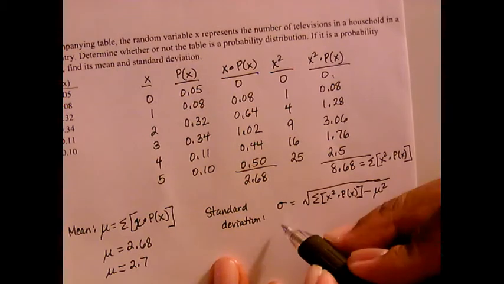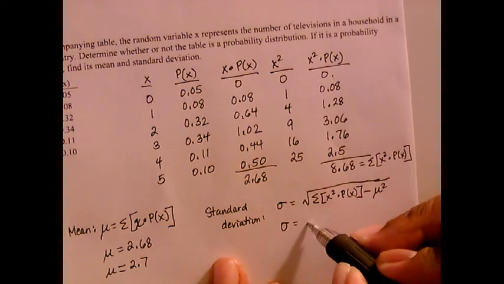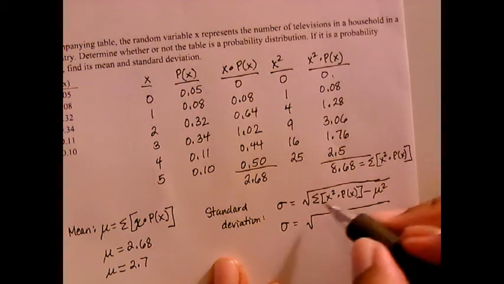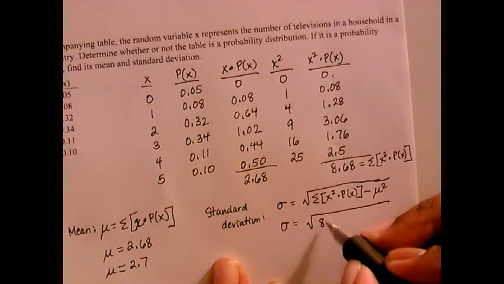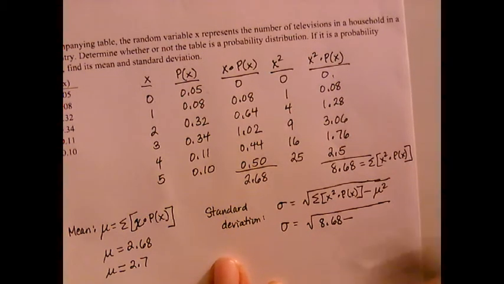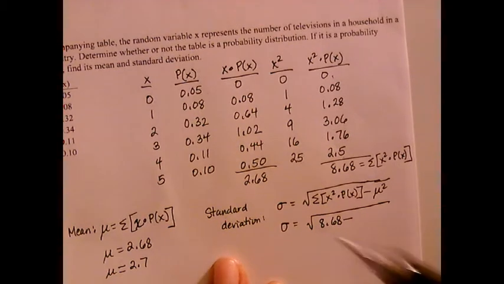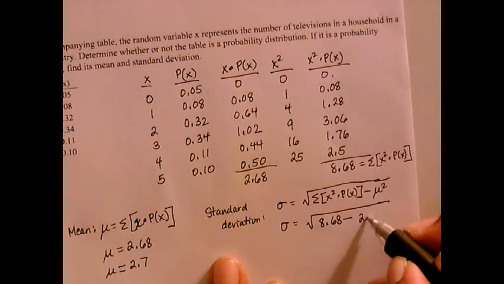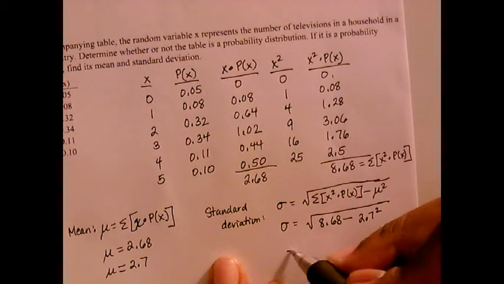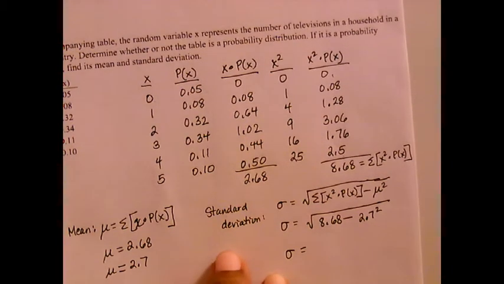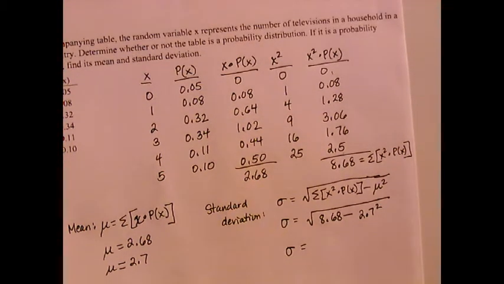So in this case, when I do the standard deviation, that would be the square root of the summation of x squared times p of x. That was your 8.68 minus mu, which was 2.7, and that's going to be squared. Now again, you can enter all of this into the calculator.